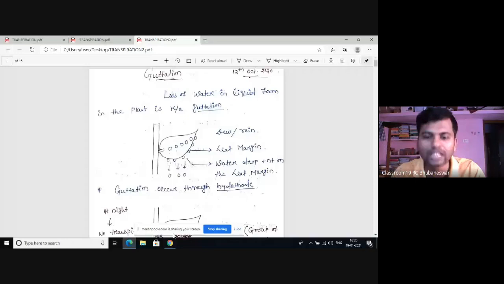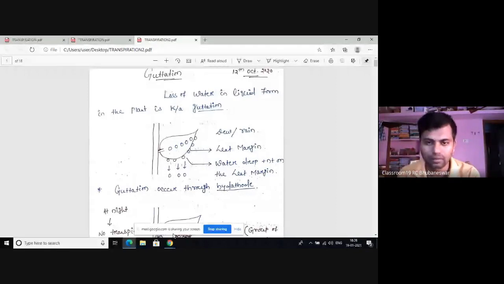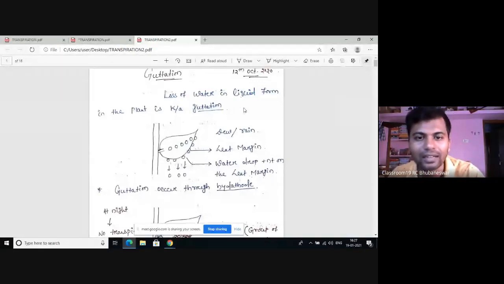Water is lost in the form of water vapor in transpiration, but when the loss of water takes place as liquid drops from the leaf, it is known as guttation. So guttation is the loss of water in liquid form from the plant. Generally guttation occurs through pores known as hydathodes, whereas transpiration occurs through the stomata.